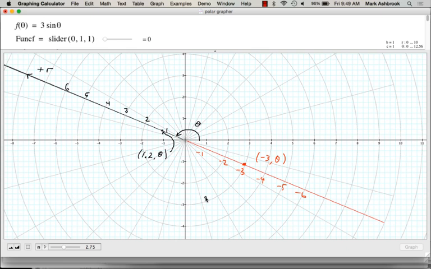Okay, so our functions in polar coordinates are like this: r as a function of theta. In this case, r equals 3 sine theta. So we want to make heads or tails of this function, right? As theta changes, r changes, and it gives you a set of points. And then we want to find the graph of all those points.